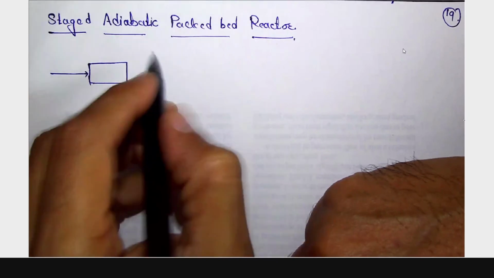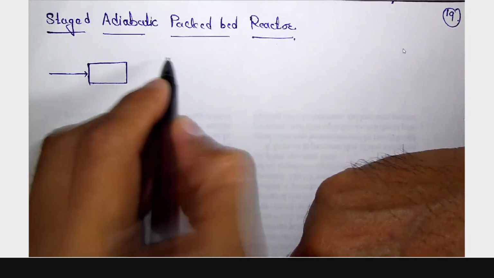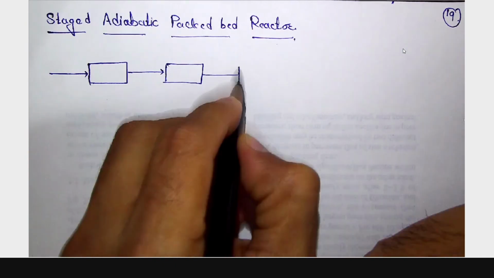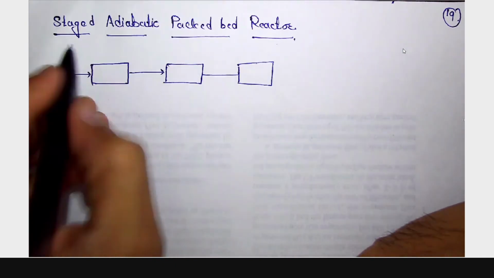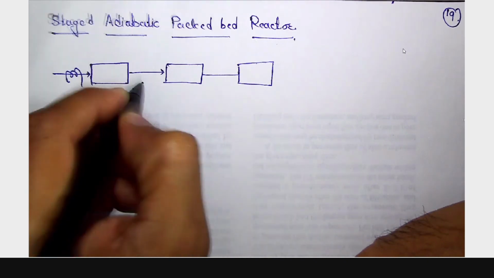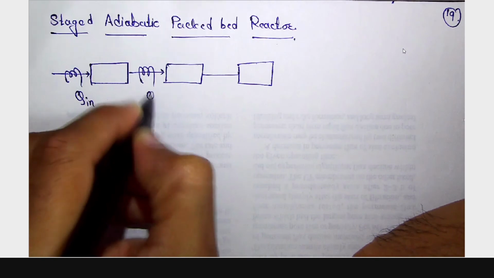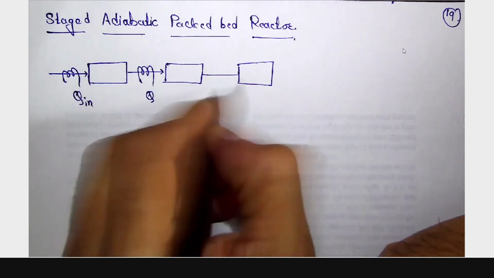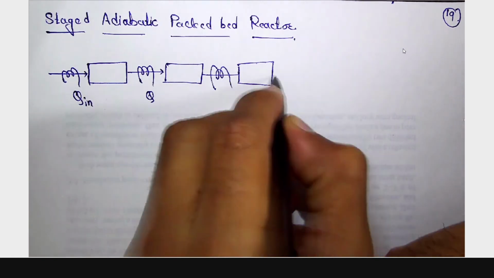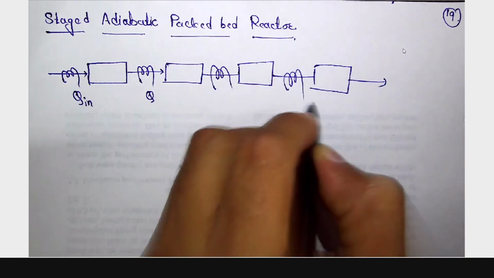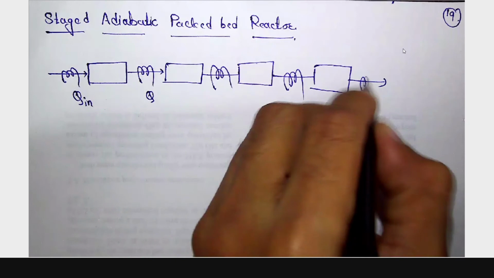Generally we use it, and depending on the exothermic or endothermic nature, there may be intermediate removal or provision of heat, say Q, and so on. So this kind of arrangement generally we prefer.